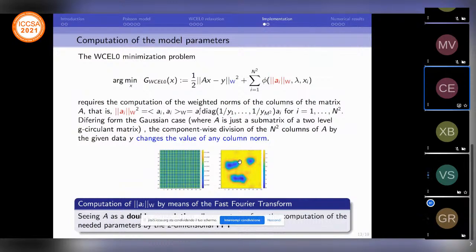You see on the right that here we have n square different values. But by means of the FFT, we are able to compute, in few computations, all of these n square values which are necessary.